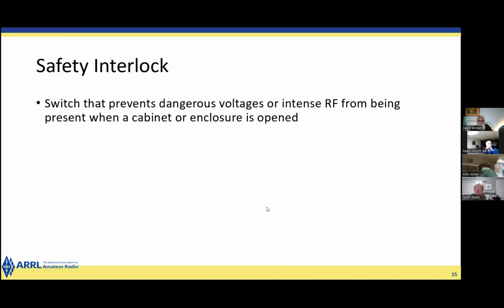It's quite common to see safety interlocks on cabinets or enclosures when there's very high voltages. If you ever get an amplifier, especially a tube type amplifier, you're going to find a safety interlock almost for certain.